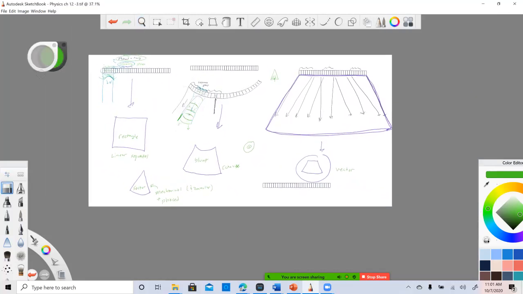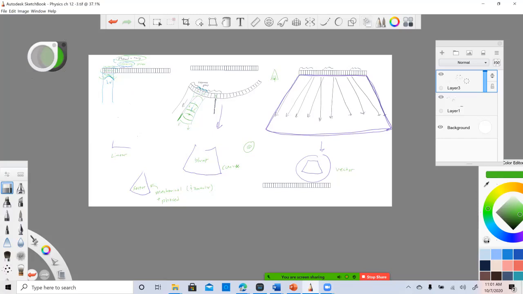I just need an enormous eraser here. Oh, that was brilliant. I needed that. Let's take that one out.